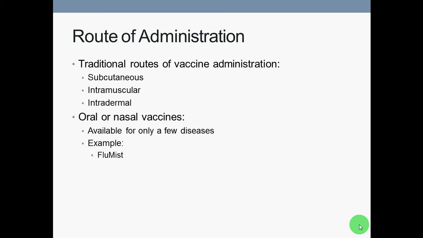But the newer types of vaccines that are out there can be taken orally or as a nasal spray. They're not out there for very many diseases at all. An example would be flu mist. Flu mist is the flu vaccine that is a spray up your nose. There is a version of polio vaccine that is oral as well.